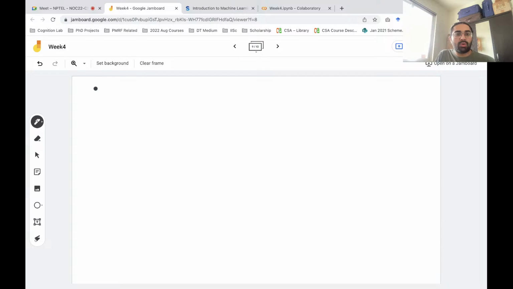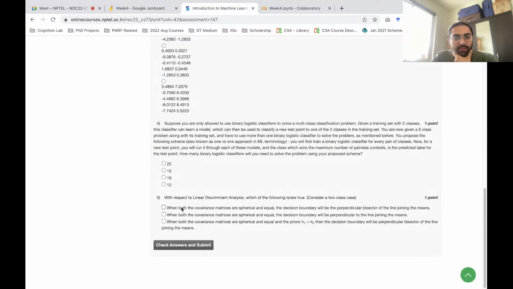All right. So with respect to discriminant analysis, which of the following is true, considering the 2 class case. Anybody want to try this question? Which of these 3 are right? All of them are assuming the covariance matrices are spherical and equal, which is a very good thing.